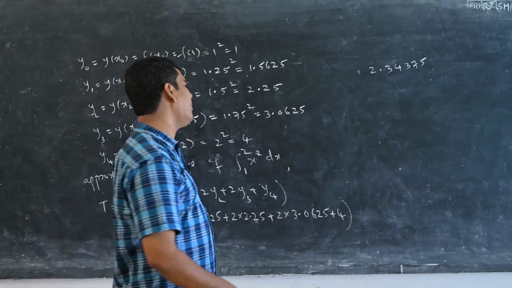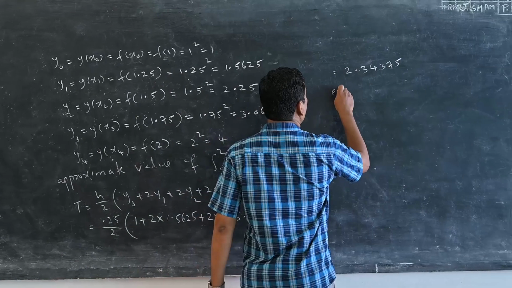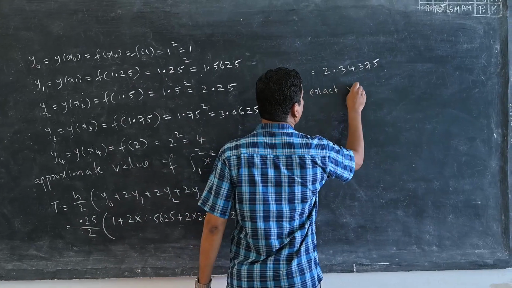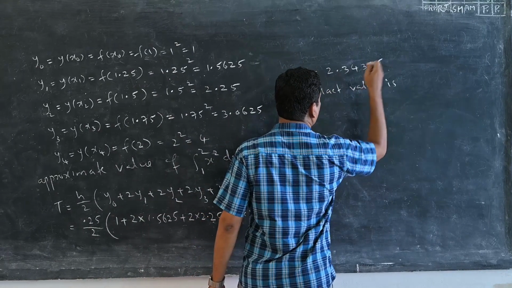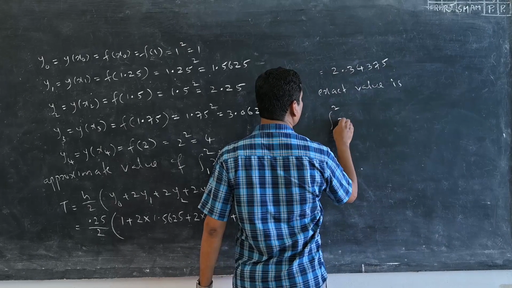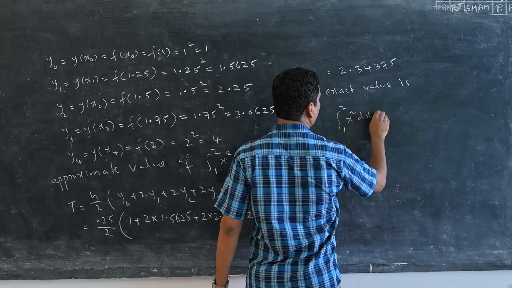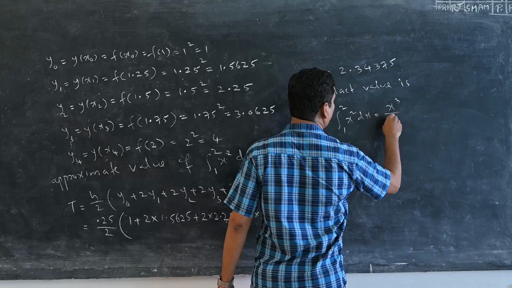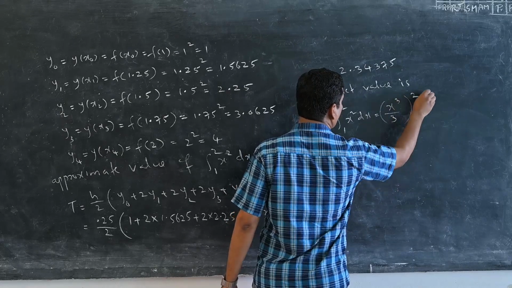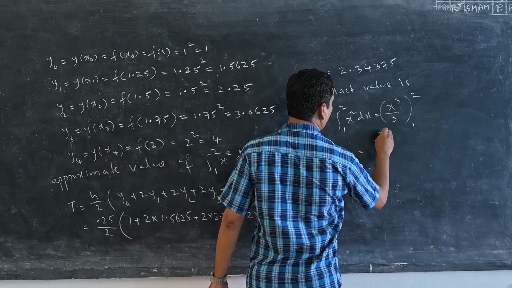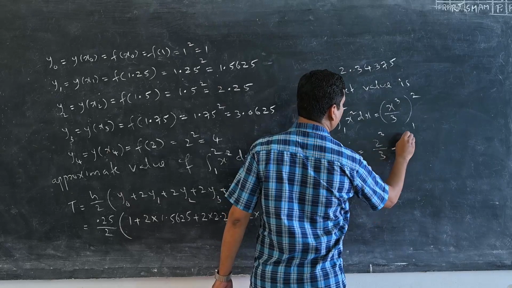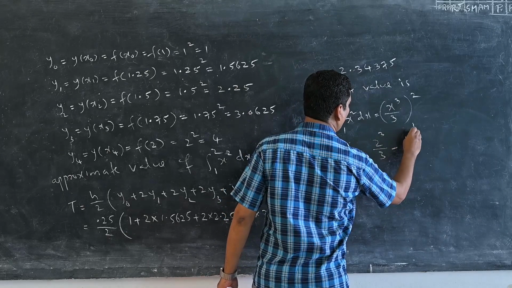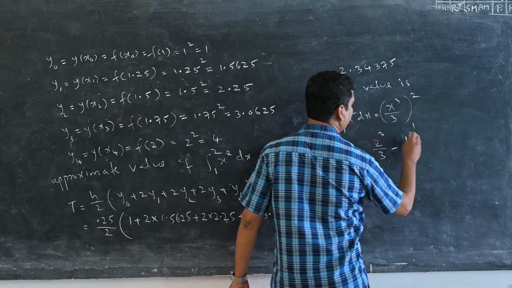Now the exact value is, integral 1 to 2 x square dx is equal to x cube divided by 3, the limit is from 1 to 2, it is equal to 2 cube divided by 3 minus 1 cube divided by 3.